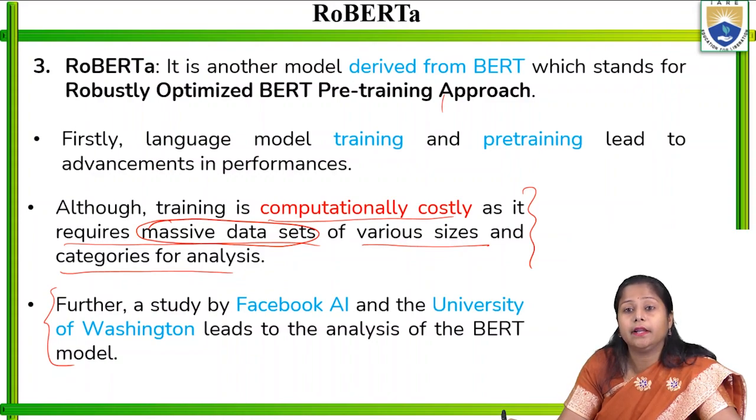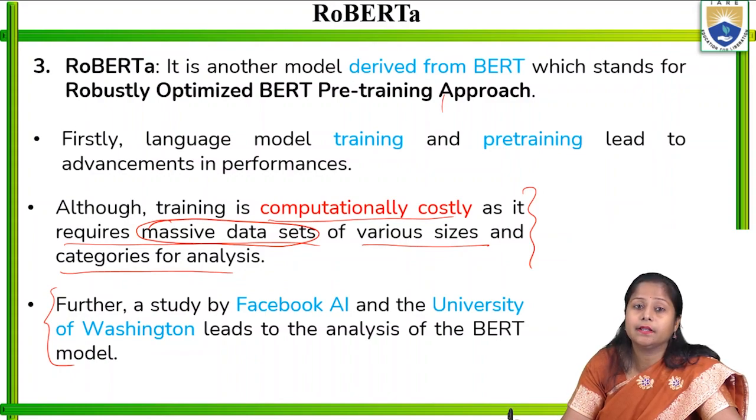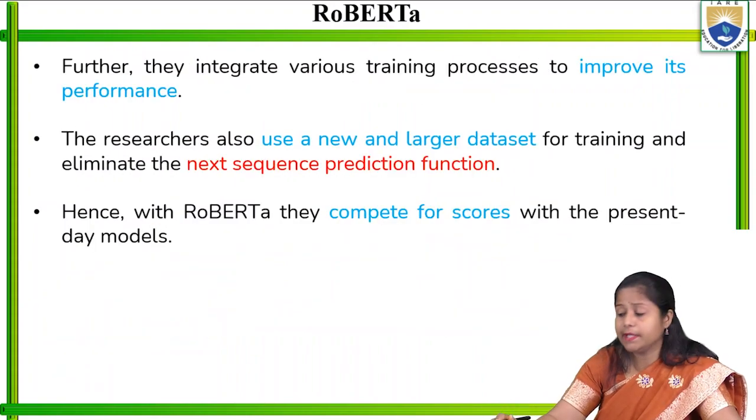Using this RoBERTa model, we can do better analysis of different tasks with this language model. So firstly, they introduced this RoBERTa model. If I say further, they interrogated various training processes to improve its performance.